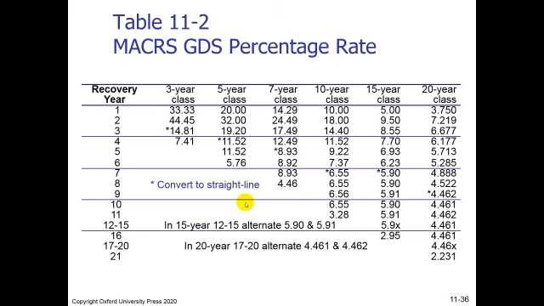So as an example there, in the 3-year class, if you use double declining balance, you would have 2 over n, where n is the number of years, or the number of years in the useful life. That would be what you would normally get to multiply by the cost basis from the previous year. So if you did n here as being 3, 2 over n would be 2/3. However, because this is the very first year, we're only allowed to use half of that. And so we only get to deduct 33 1/3% in year 1.